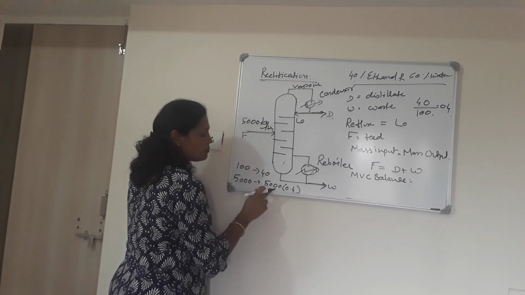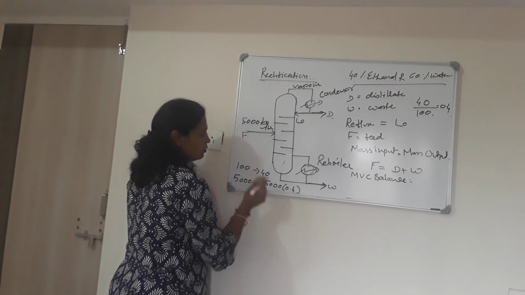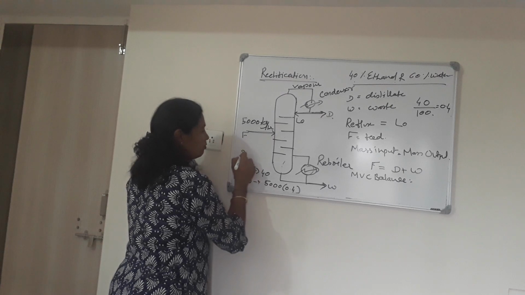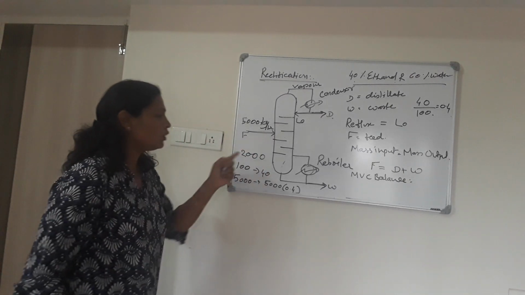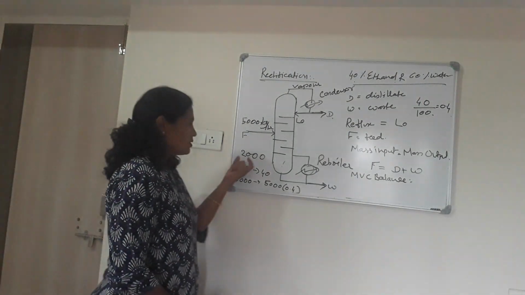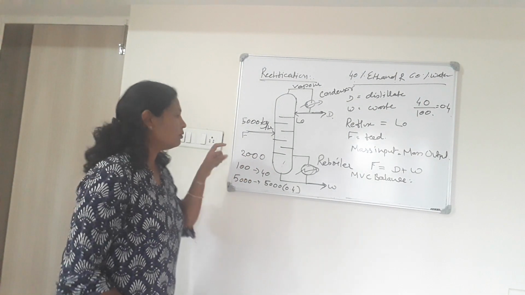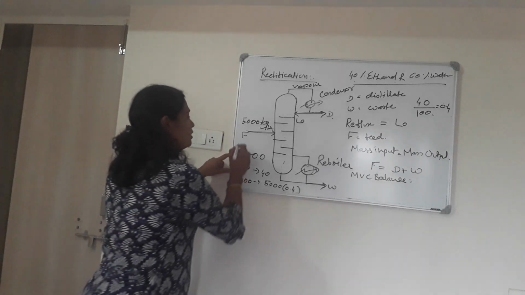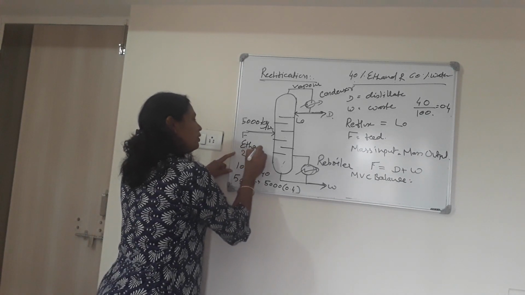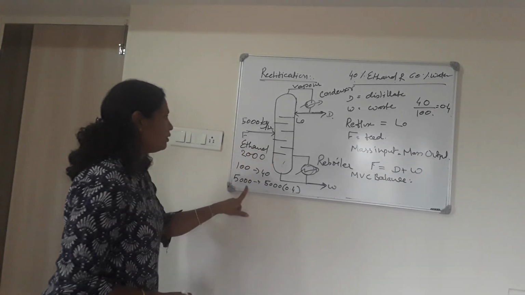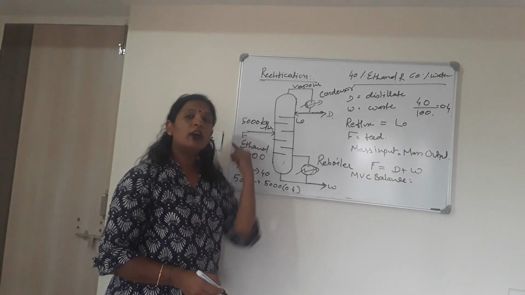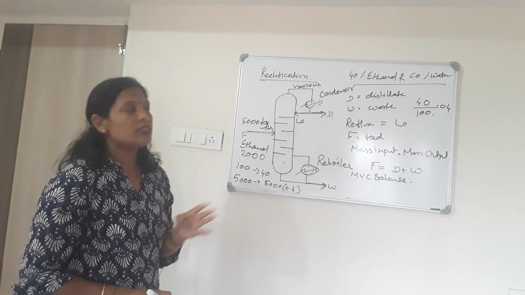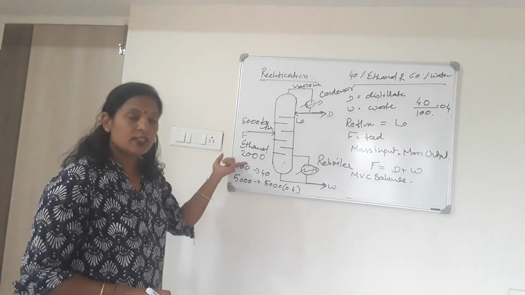So it becomes 2000. This is the amount of ethanol in 5000 kg. So 2000 kg is ethanol and 3000 kg is water.